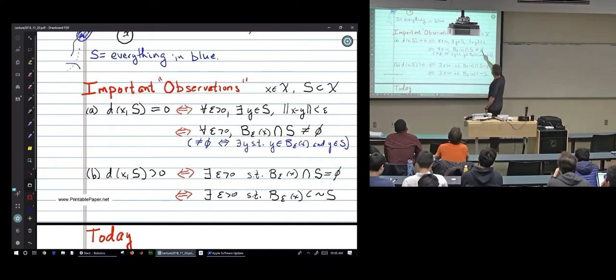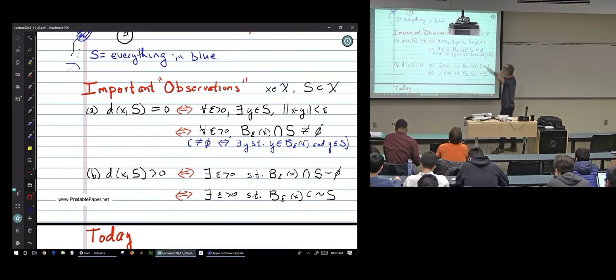So this set being non-empty means there is something in here and something in here. So something in here means it's in the ball of radius epsilon of x, so it's within epsilon of x, and then y is in S. Okay, so those two things are the same. So the distance from x to S is 0 if every open ball about x intersects S in a non-empty way.